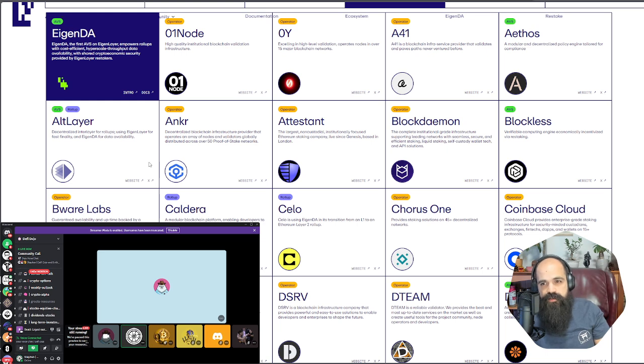So here we can imagine a new chain. Let's just call it chain X. And they don't want to have a competitive, let's just say, 8 to 20% inflation rate to incentivize staking. They might utilize EigenLayer infrastructure to offset their cost of security.